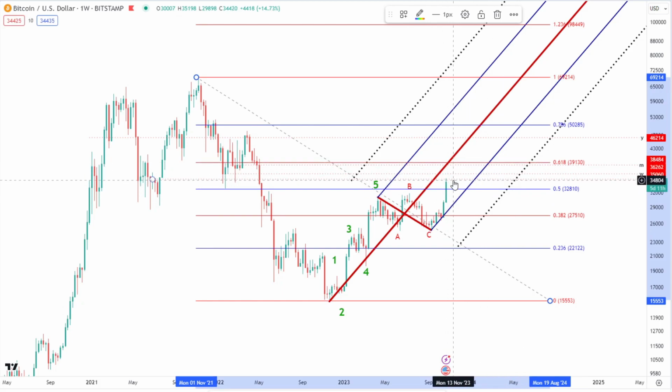So for now, 35k, I'm not too sure it's going to be such a barrier or resistance level, because of the background that we have here. Massive consolidation that looks like it just wants to burst higher. So that's that. Initial short-term target, 39k is a key level that I'm looking at.